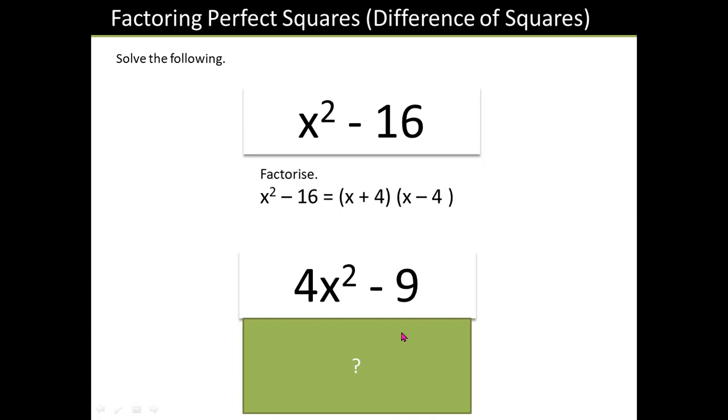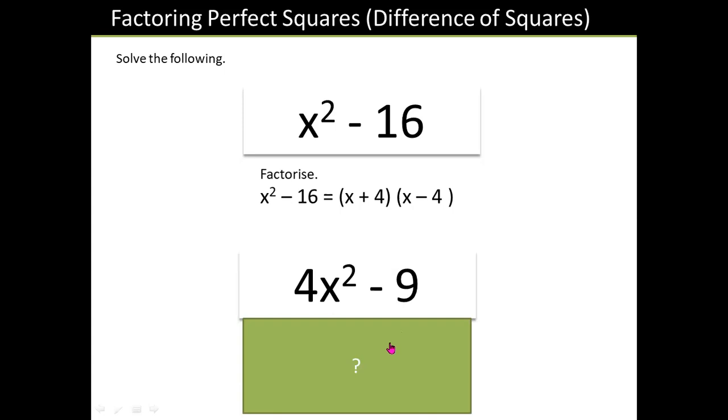All right, so we pair 2x and we have also 3 here. 2x plus 3, 2x minus 3. So those are the pairs of factors when we factor out 4x squared minus 9.